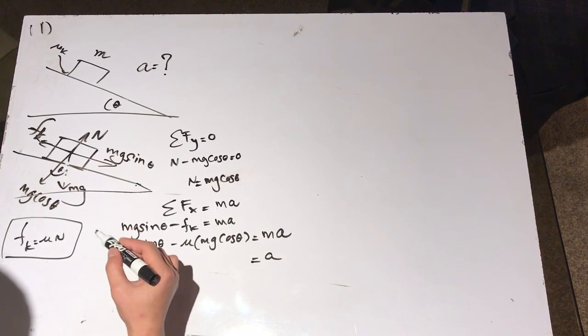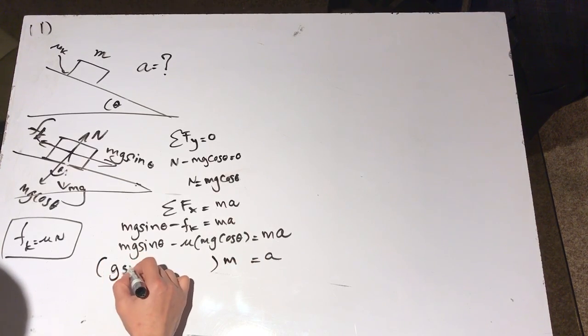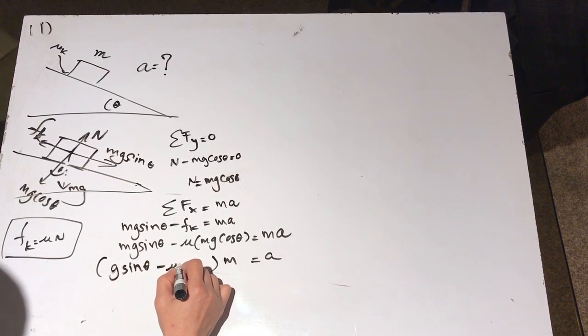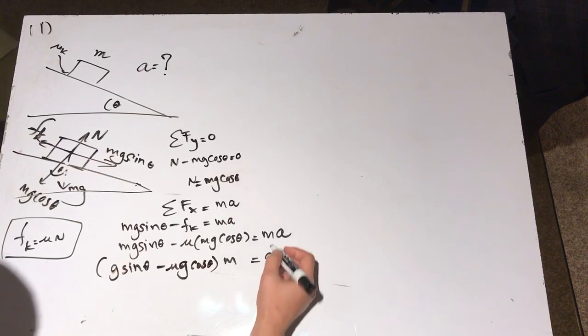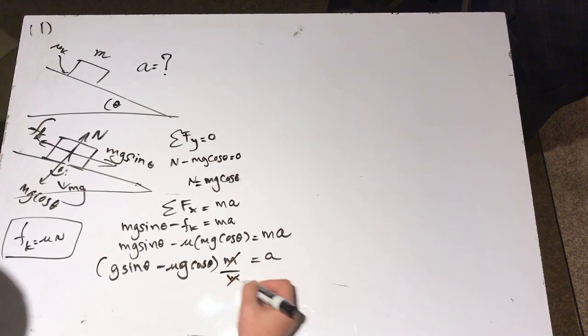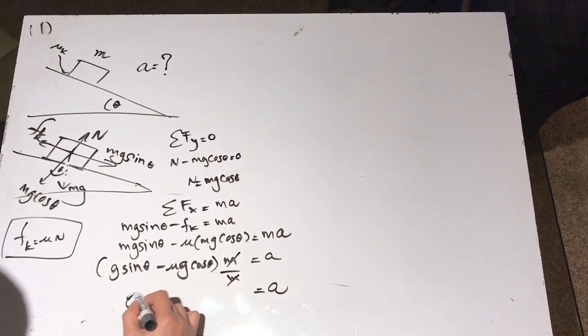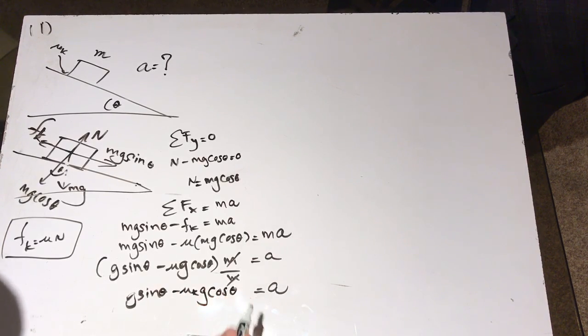I put everything else together, and the only thing I have in common here is m, so I put m outside: g sine theta minus mu g cosine theta. Then I divide both sides by m, so my acceleration is equal to g sine theta minus mu_k g cosine theta. When you're looking at the answer key, you should be able to notice which one is your answer.